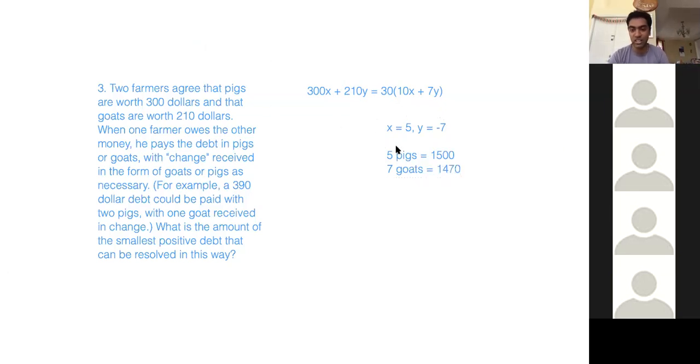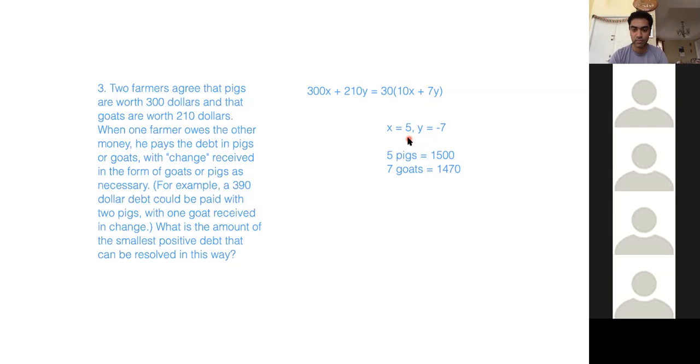If I exchange these two, I'd settle the debt of $30. That's an example of this minimum, but clearly I can't go anything below 30 because this has to be an integer, and the smallest I could do is 30 times 1, which is 30. Does this make sense?